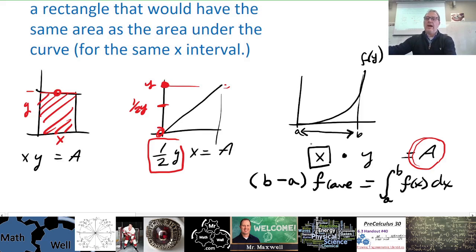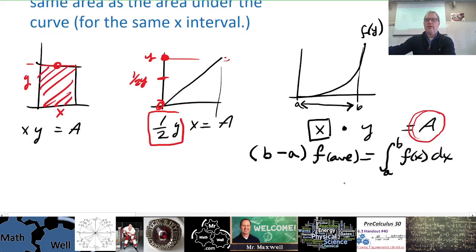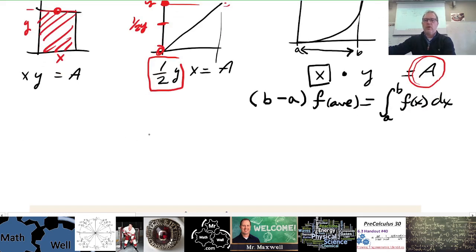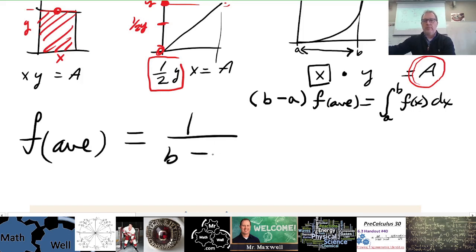Okay? So now what we're going to do is we're going to rearrange this a little bit, and we're going to come up with our actual formula. So we're going to have function average equals 1 over b minus a times the integral from a to b of f of x dx.